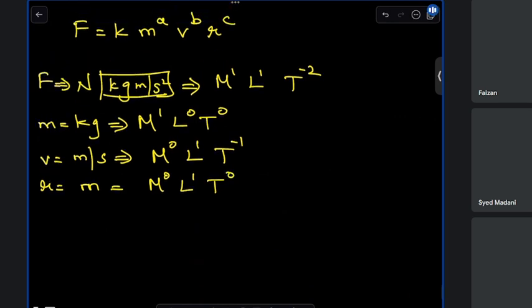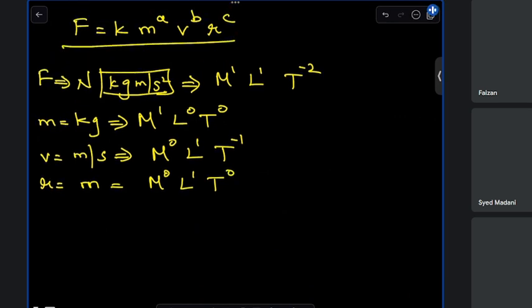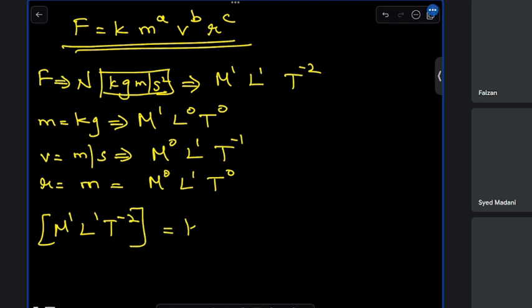I'll start putting them in order depending on my equation. That's my equation. Left hand side says M1 L1 T to the power minus 2 equals K into M, which is M1 L0 T0, to the power A. Now if you ask me, sir, can we ignore L0 T0? Yeah, you can.